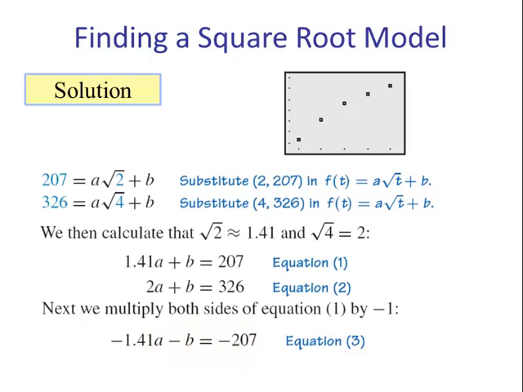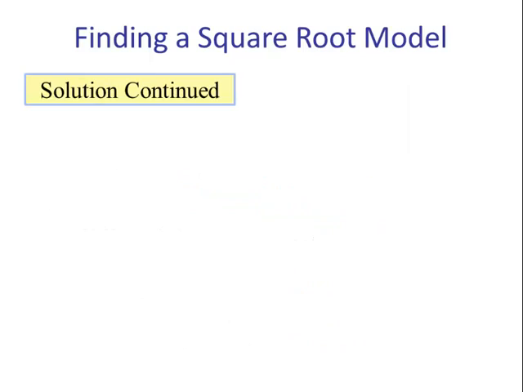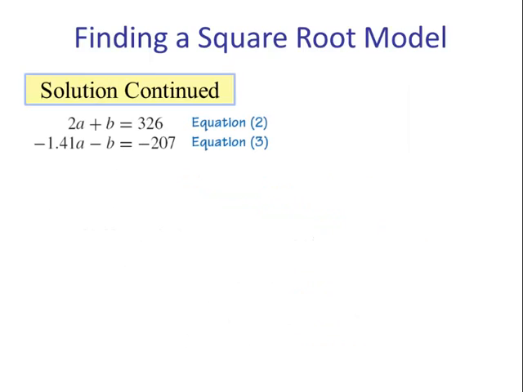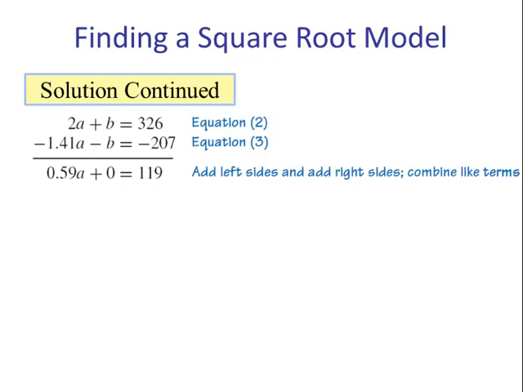Then we're going to add equation 3 and equation 2. The b's will cancel. We're left with 0.59a equals 119. Divide by 0.59, and a is approximately equal to 201.69.